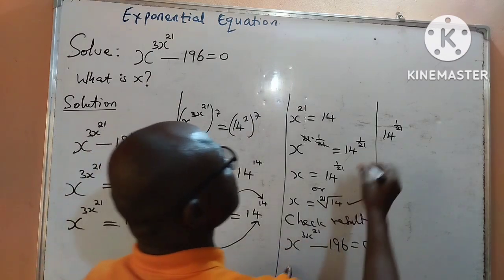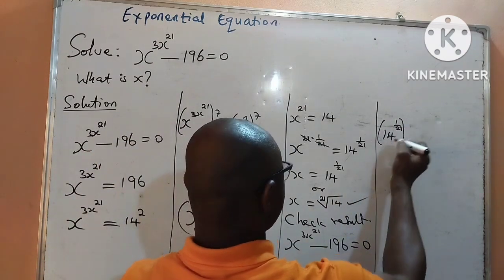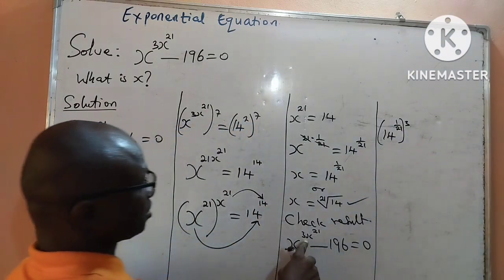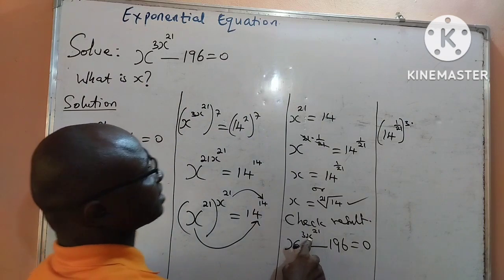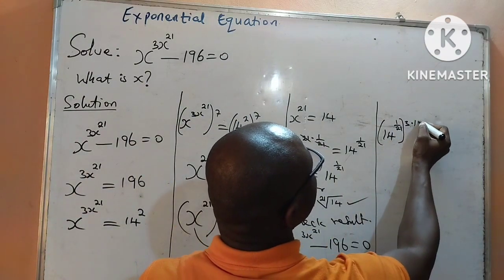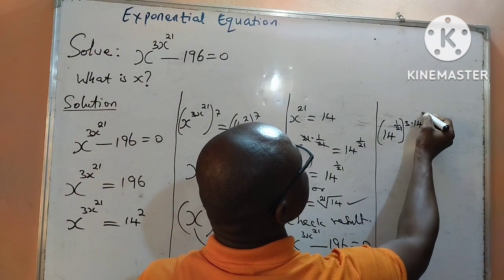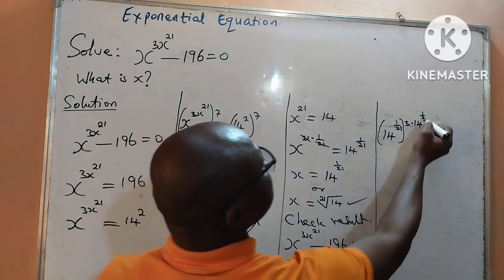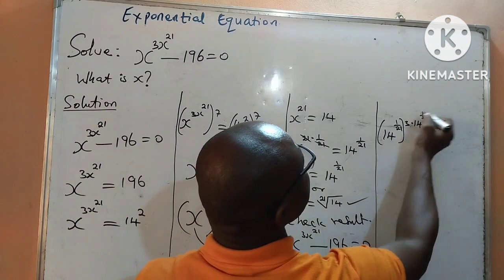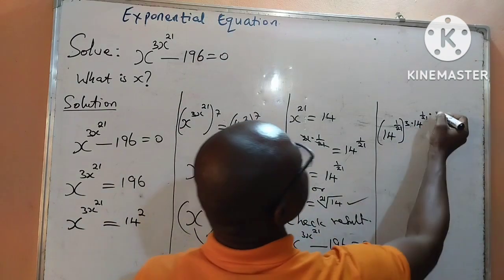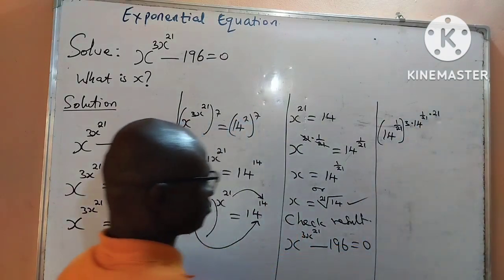I still have multiplied by 3. Then the 3 multiplied by x, and my x is already 14 raised to power 1 over 21. Then I still have power 21 there written.